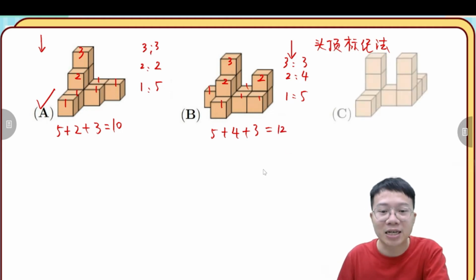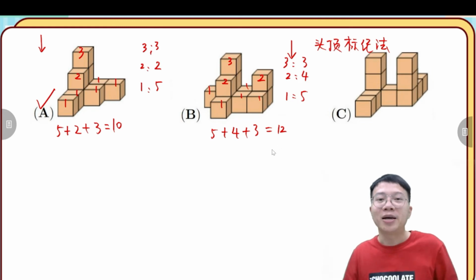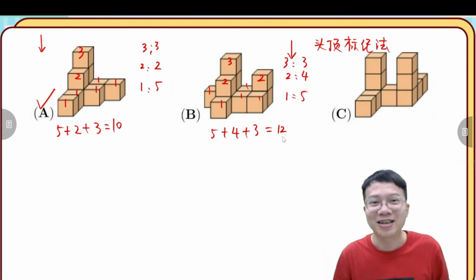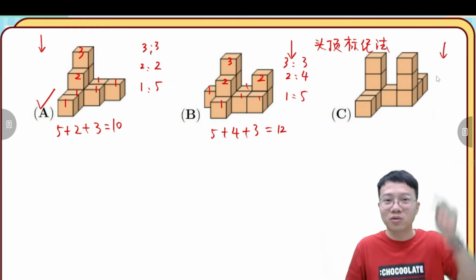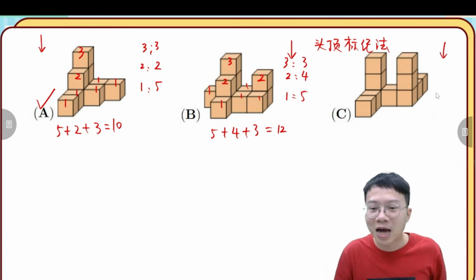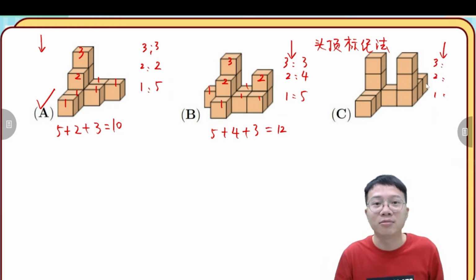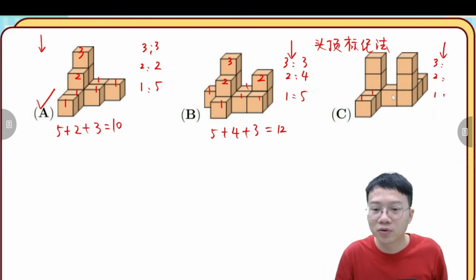Okay, and then let's continue. What about the third one? Now you may have a try, kids. You can try first, look from high to low, and then count the number on each floor. Okay, 1, 2, 3. So how many do we have? Okay, the first floor 1, 2, 3, 4, 5.